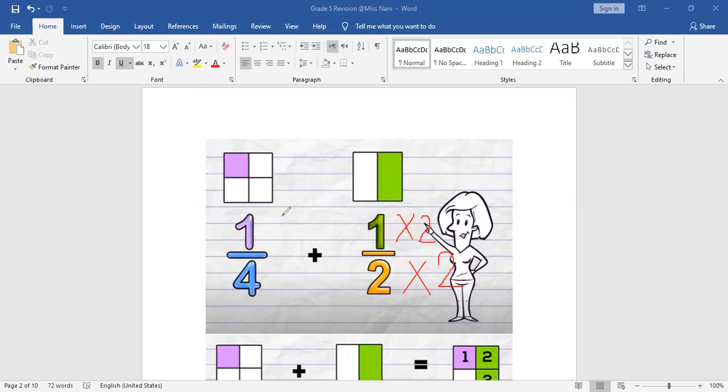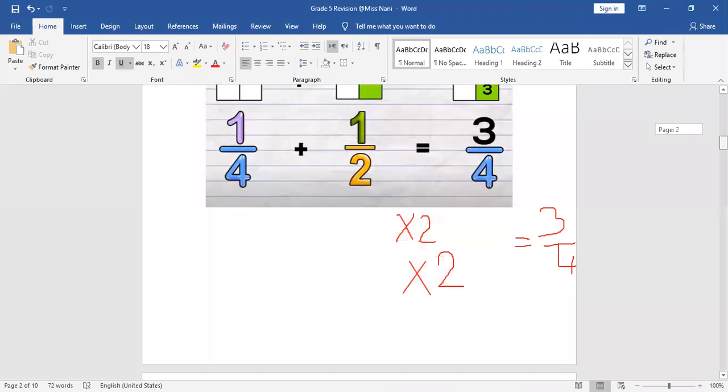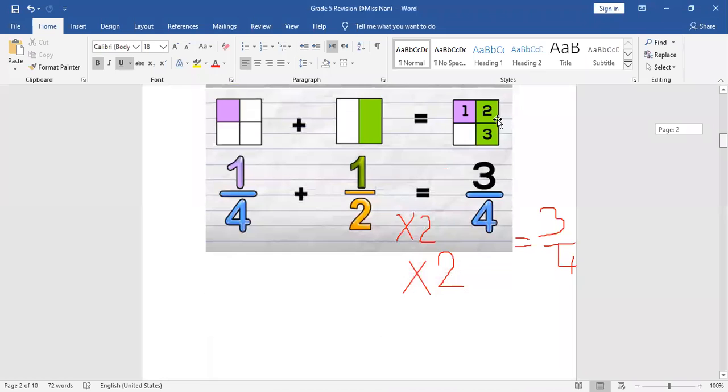So the answer will be 1 over 4 plus 2 over 4, which will be 3 over 4. Okay. So here is the answer that I was telling you. Let's go to the next slide.